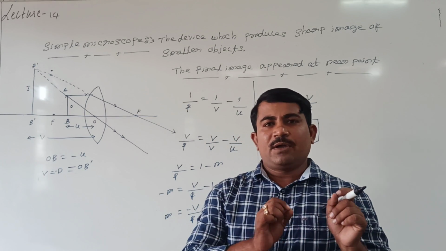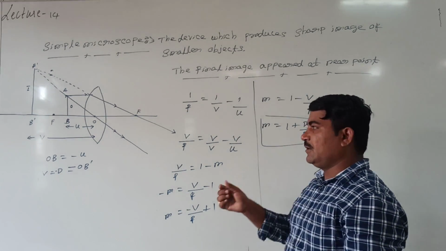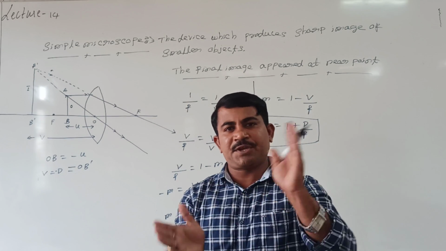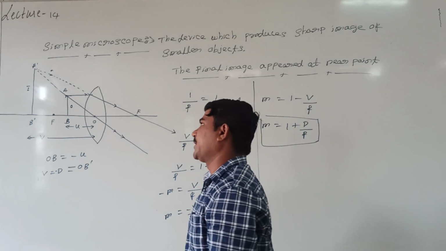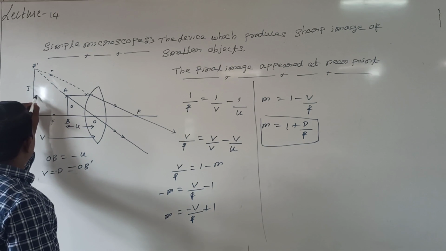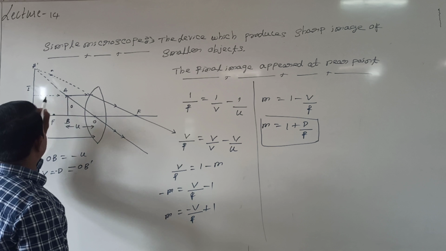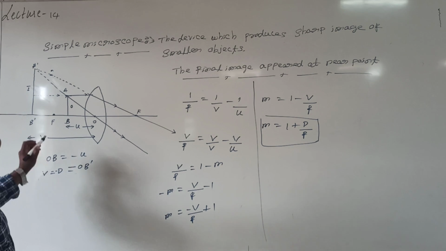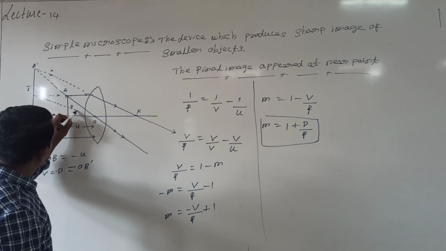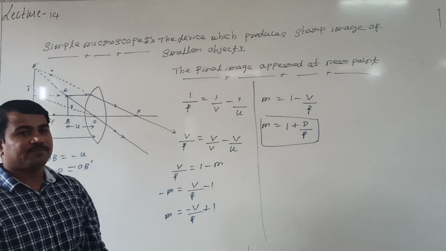But we can achieve this relation in terms of angular magnification. Angular magnification I will define later. Before that, see here. Now actually this is the ray of light coming. This ray of light I can produce in the backward side like this, and from this point I can extend one more point. Look at me, this is one more point I can take. Are you following?